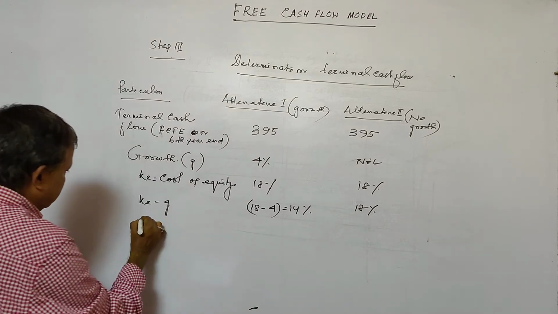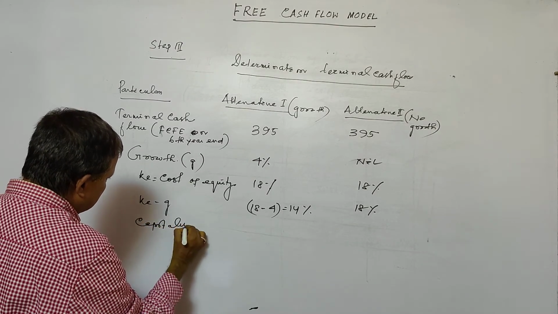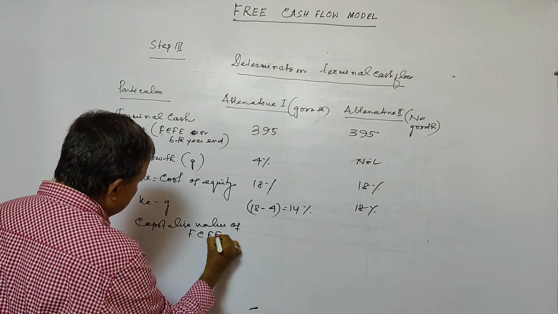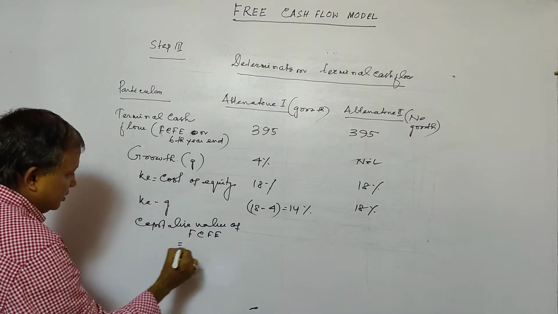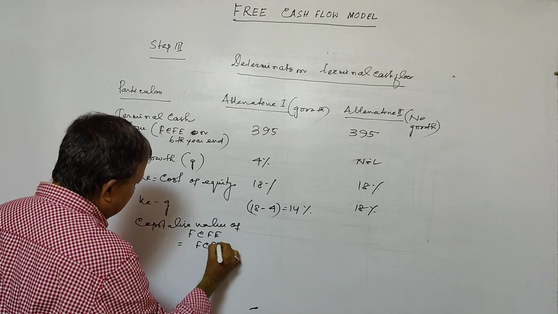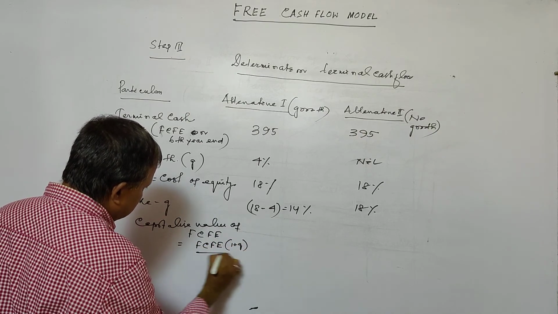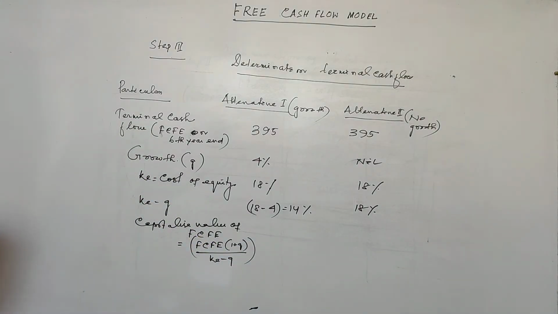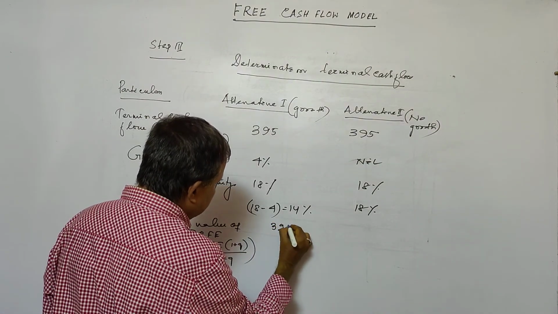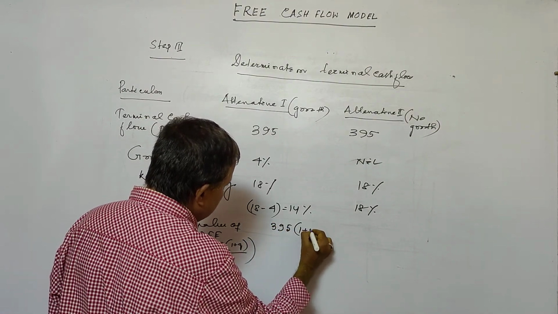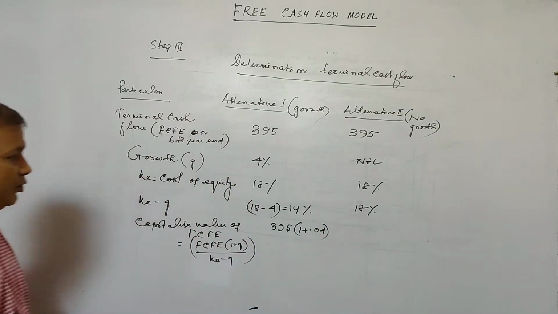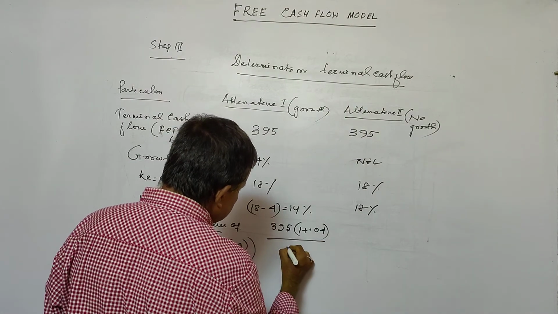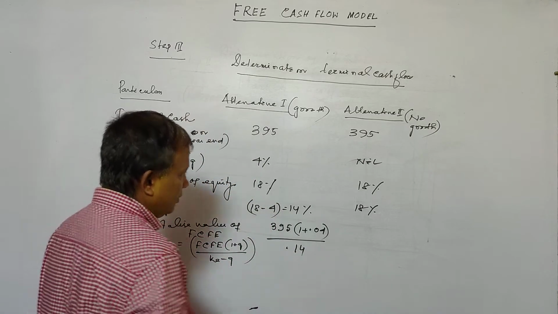So capitalized value of, we know this formula, that is FCFE 1 plus growth, then KE minus G. So in this case it will be 395 plus 1 plus growth is 1.04, and KE minus G 0.14.